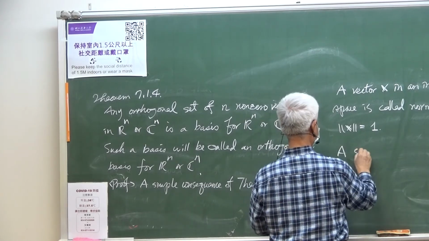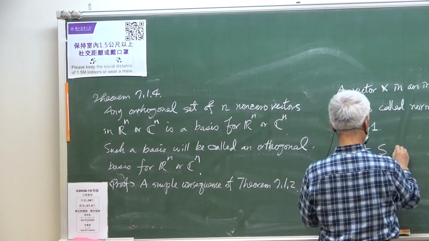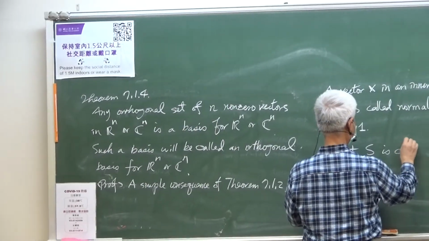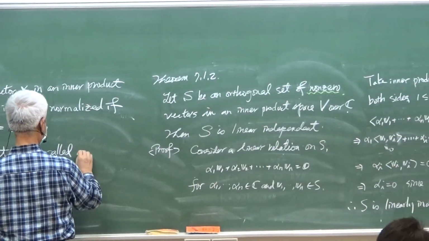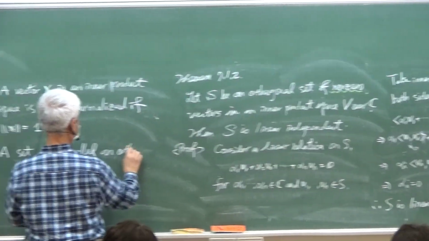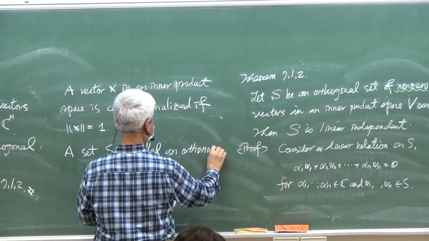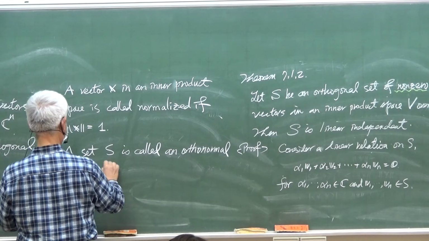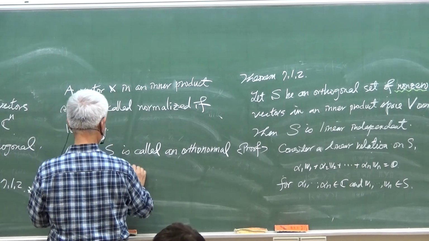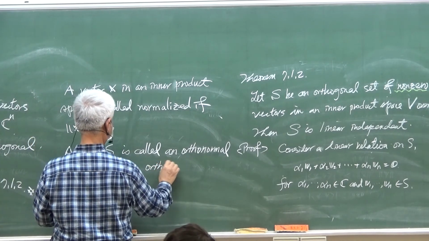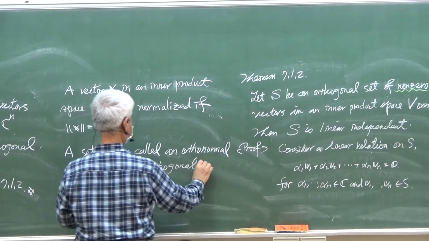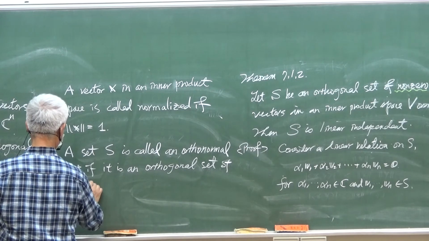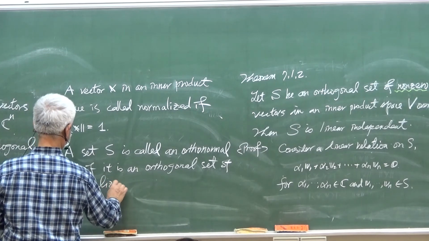A set is called an orthonormal set if it is an orthogonal set of normalized vectors.